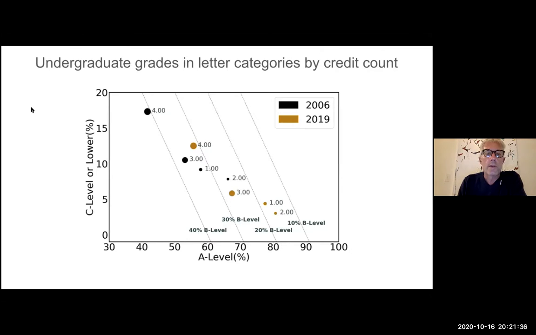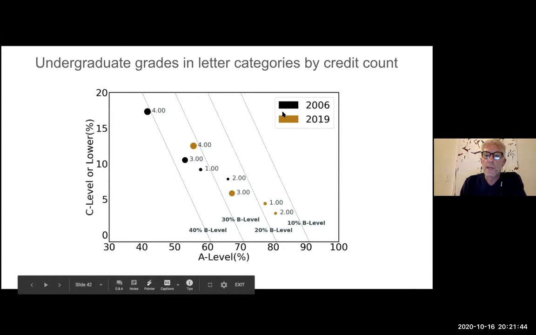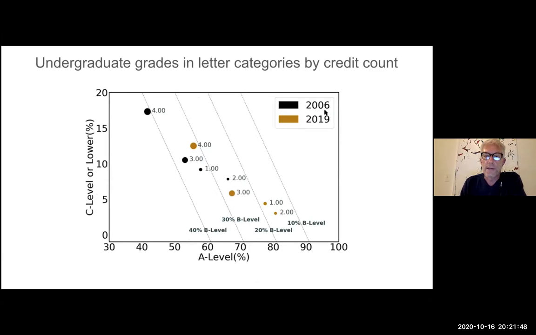Another way to look at this is to look over time and see how things have changed. In the same style of graph, percent C or lower against percent A, I'm showing you the grades given out in undergraduate courses in 2006 in black and in 2019 in brown. We're showing the grades given out at different credit counts: 4 credit courses, 3 credit, 1 credit, 2 credit.